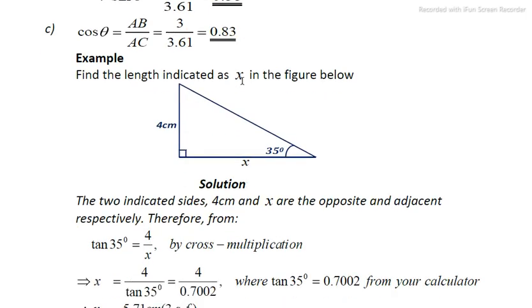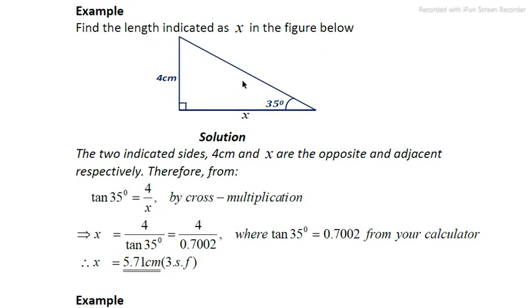In our next example, we are supposed to find the length indicated as x. According to our figure, we have the angle 35 degrees and 4 is the opposite, because it is where the angle is facing.